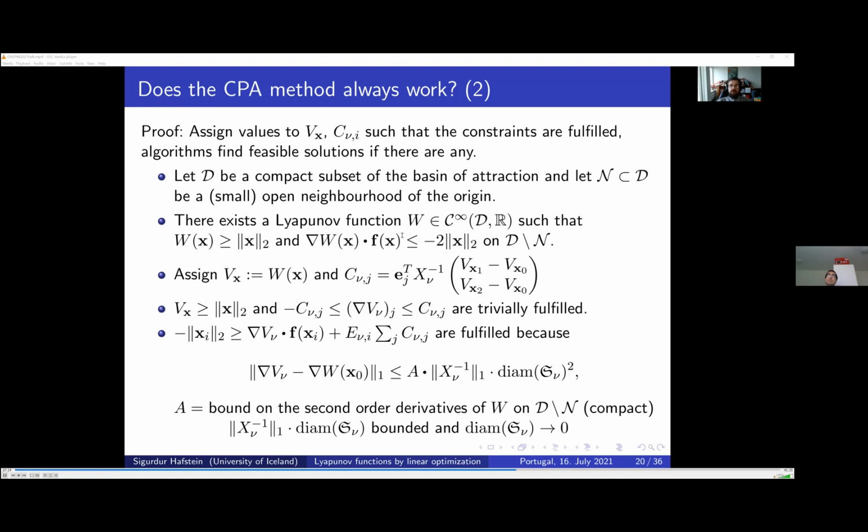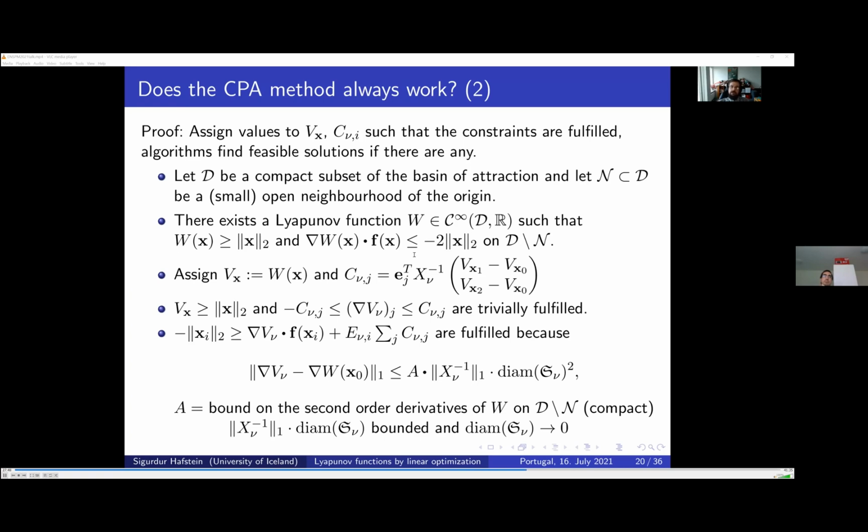then we can use the Lyapunov function W, which we may assume is C infinity, to assign values to the V(x) at all the vertices of the triangulation of a linear optimization problem. Here we know this Lyapunov function W exists. We can also assume that it's larger than or equal to the norm of x at every point x in here.